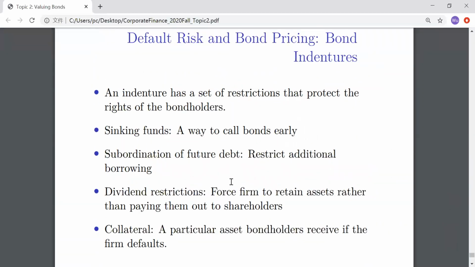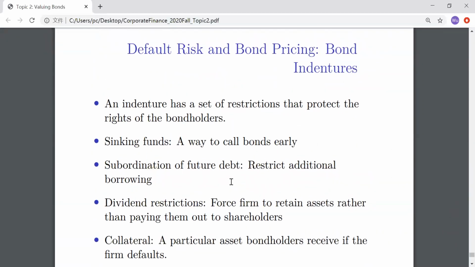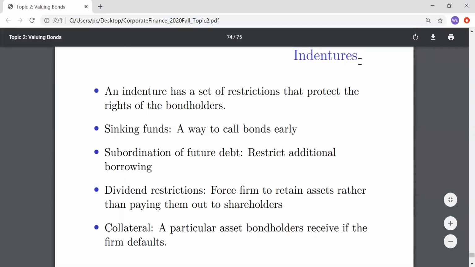And in many cases, when investors buy bonds from the firm, they will have a bond indenture. We already talked about what a bond indenture is. It is just the bond contract.